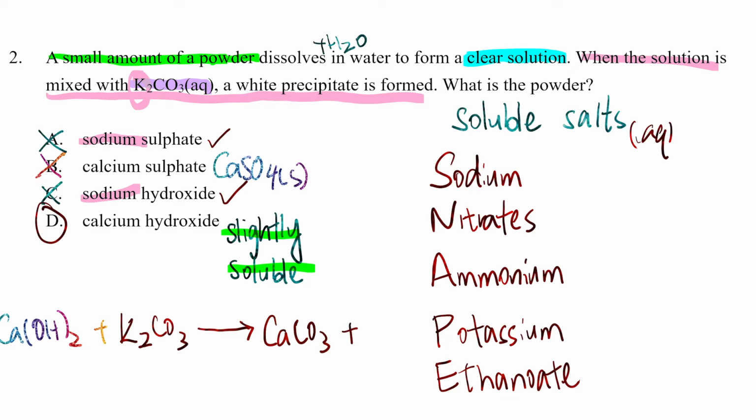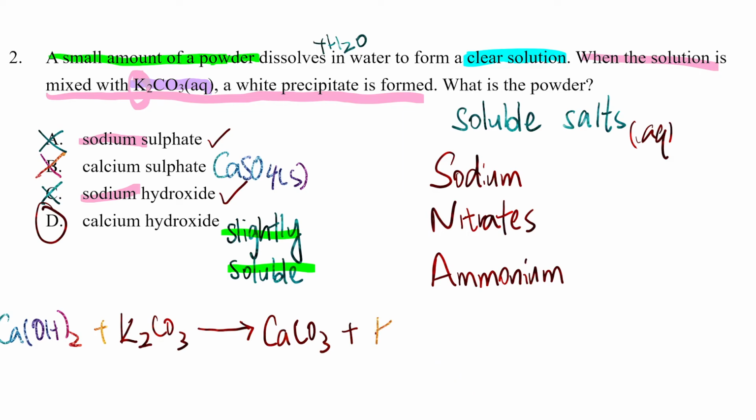And what else is formed? Here, let me cross this bit out so it's easier to see. And here you'll form potassium hydroxide. Now, where's the white precipitate coming from? It's because of this calcium carbonate here. Calcium carbonate, as we know, it is limestone, of course, and it's solid. So that is why this white precipitate is formed. Hence why the answer is D.